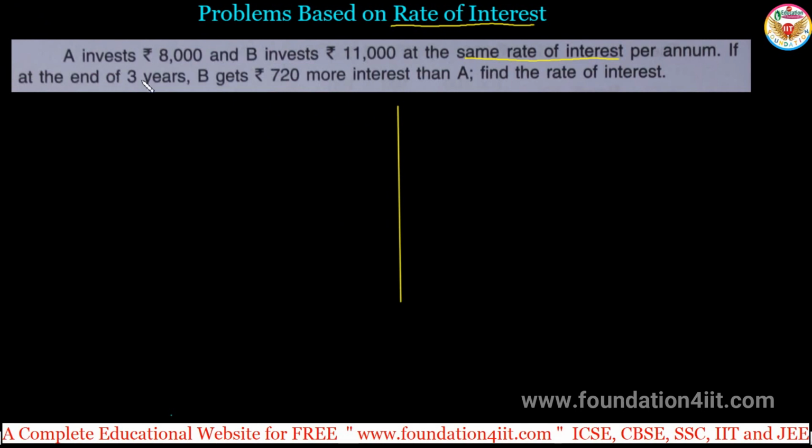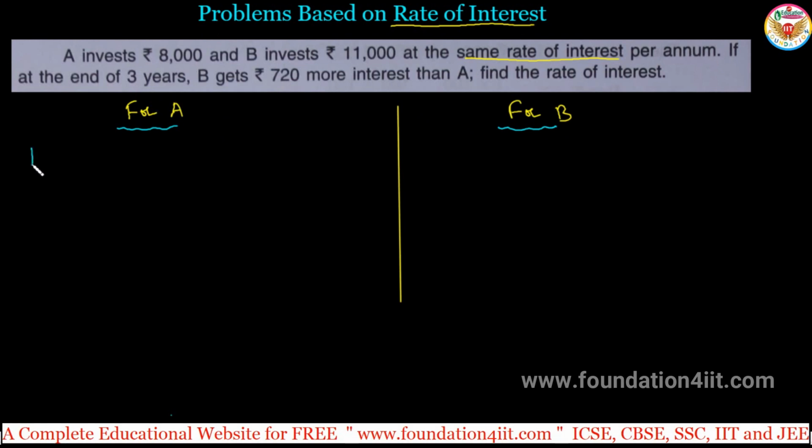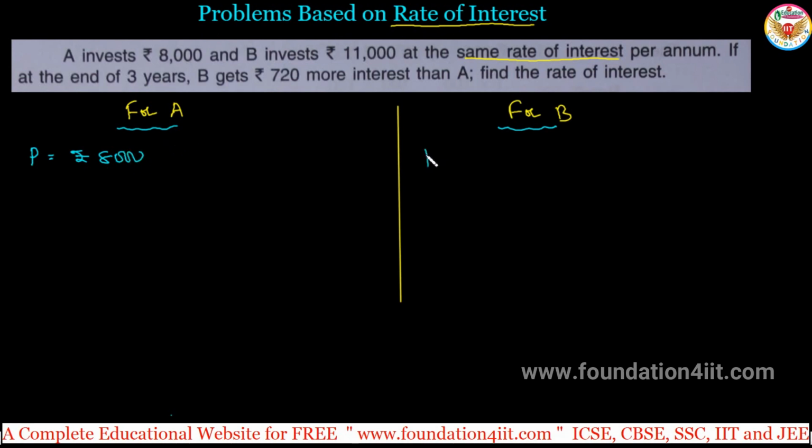First, for A and for B. Do calculations separately, to get a clear idea. Okay, A invests rupees 8,000. So P value for A is rupees 8,000 and P value for B is rupees 11,000, right?